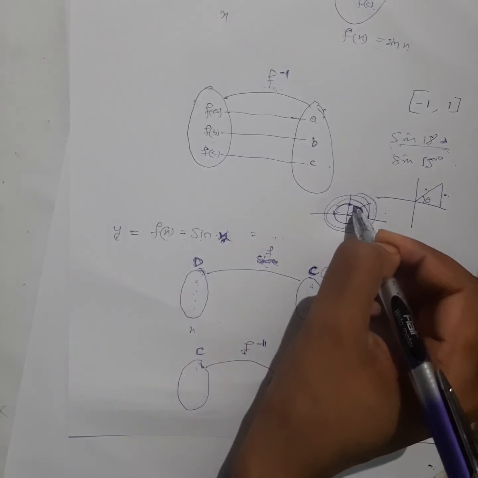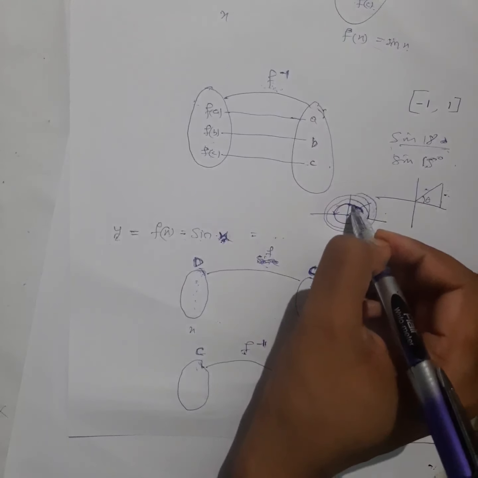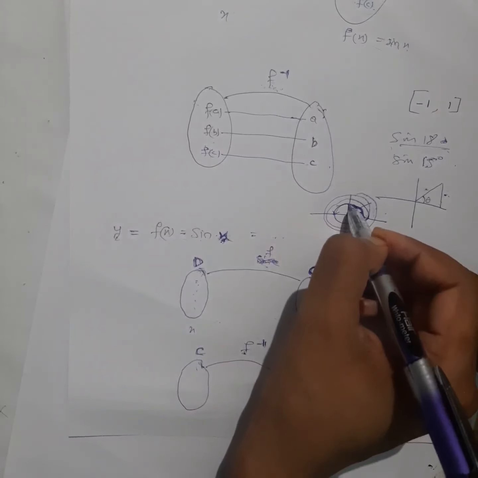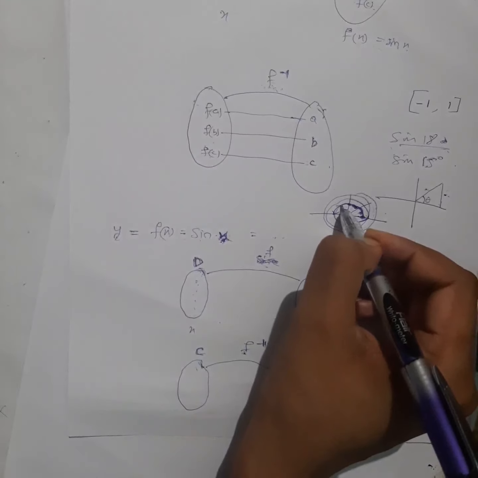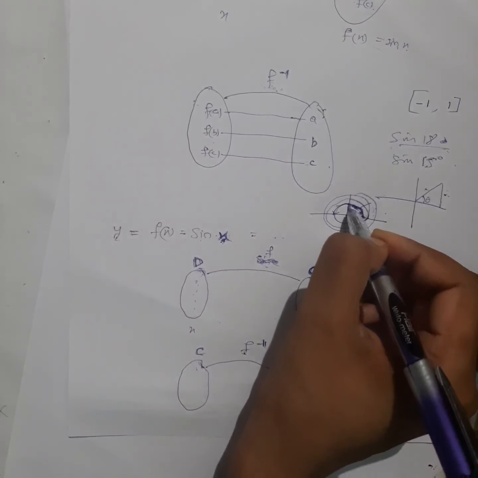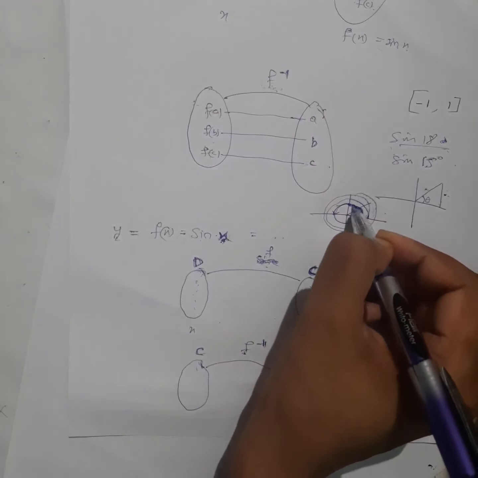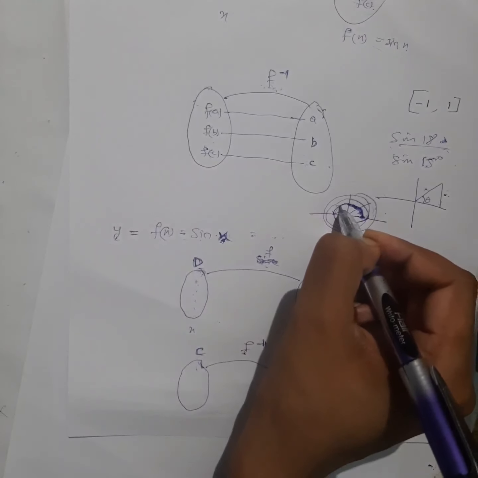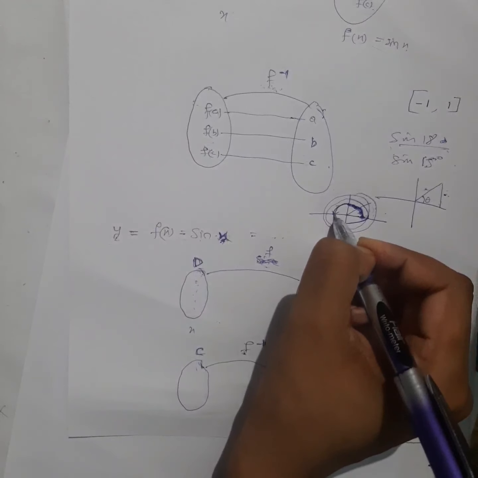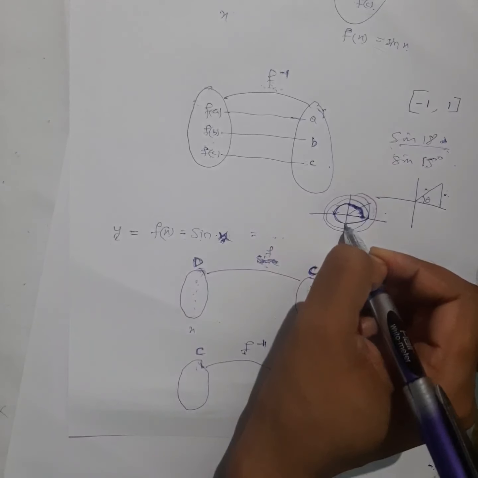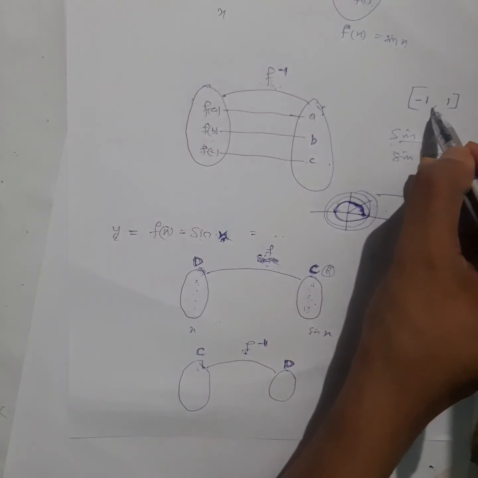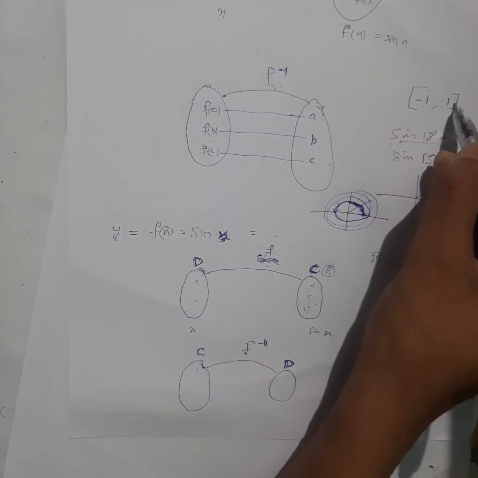Sine 60 will be root 3 by 2. Then sine 90 will be 1. In this way, can you see you are getting real values from 0 to 1 here. Then if you keep on moving, you will get values till -1. If you keep on moving again, you will always get a value between -1 and 1.